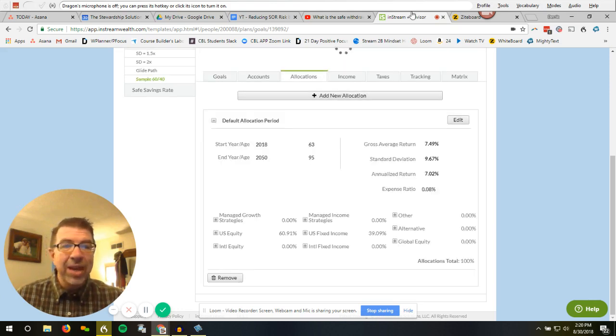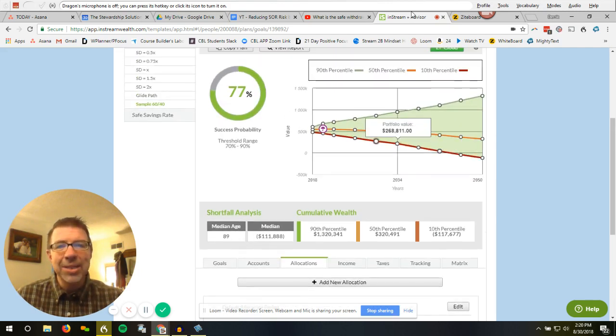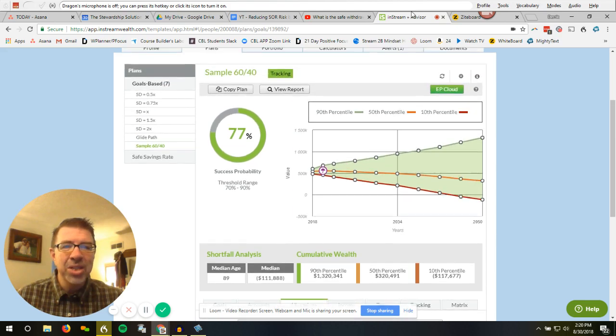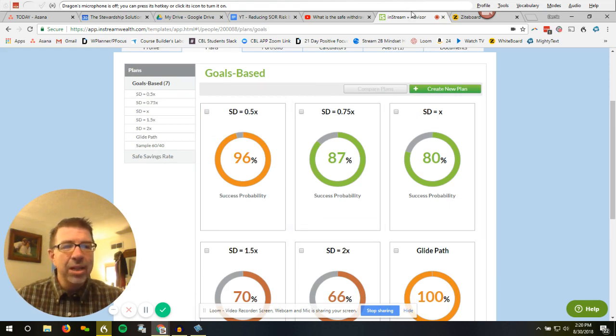We had an average return of 7 and a standard deviation of about 9.67. We ran the numbers and asked, how likely is it that this $500,000 portfolio will still have money at the end of the plan, when they're age 95? There was a 77% chance, or 77% of all of the runs and stress tests we did still ended up with money.